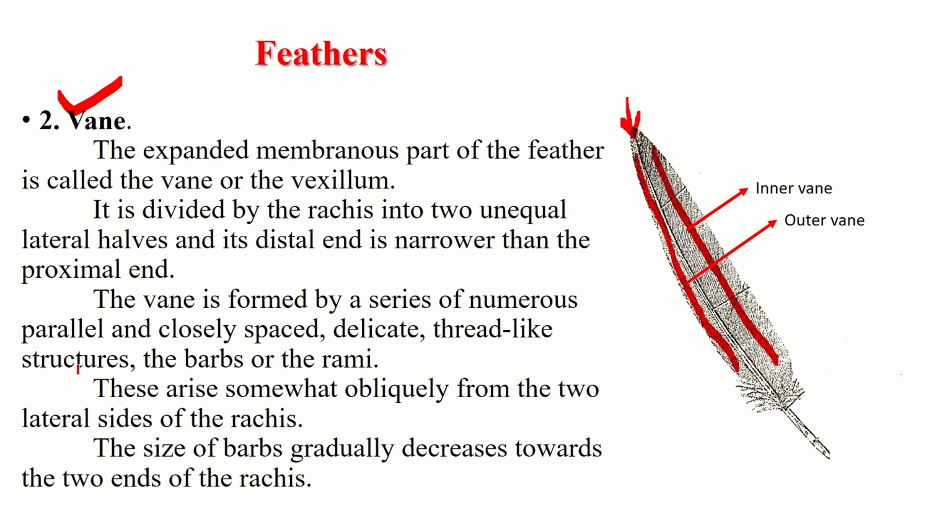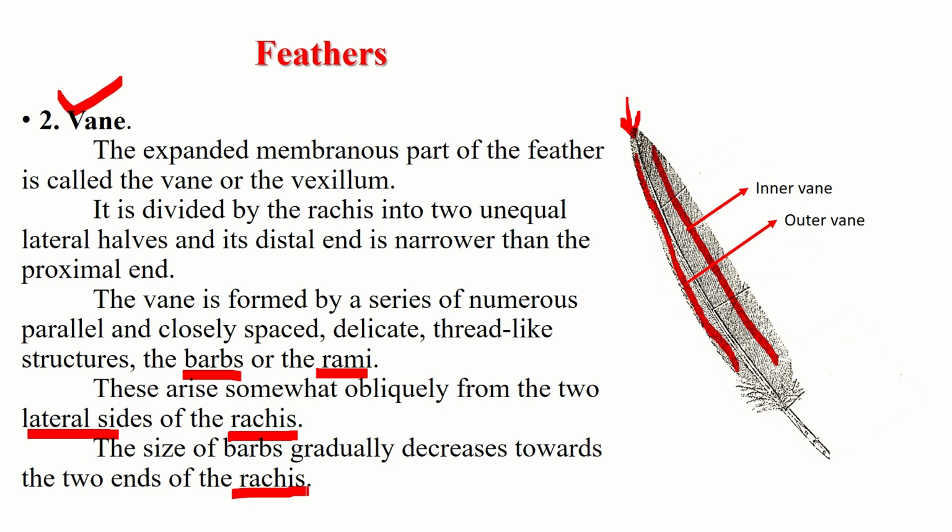The vane is formed by a series of numerous parallel and closely spaced delicate thread-like structures called the barbs or the rami. These rami or barbs arise somewhat obliquely from the two lateral sides of the rachis. The size of the barbs gradually decreases towards the two ends of the rachis.